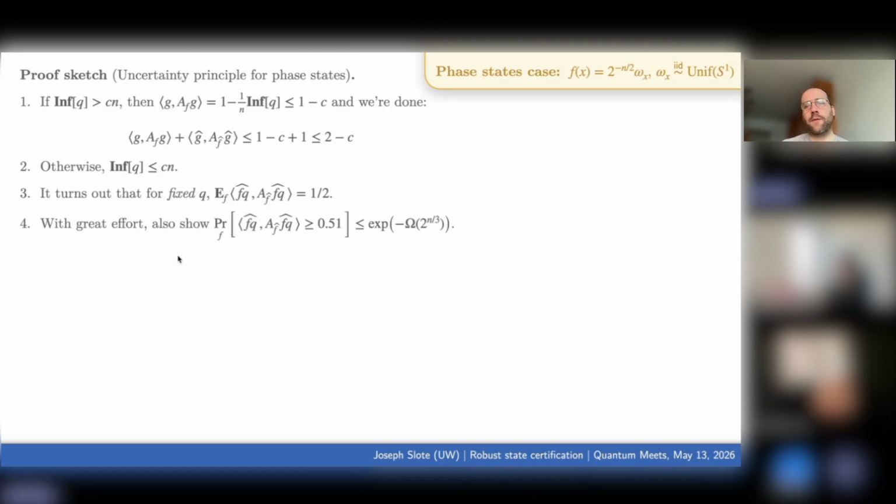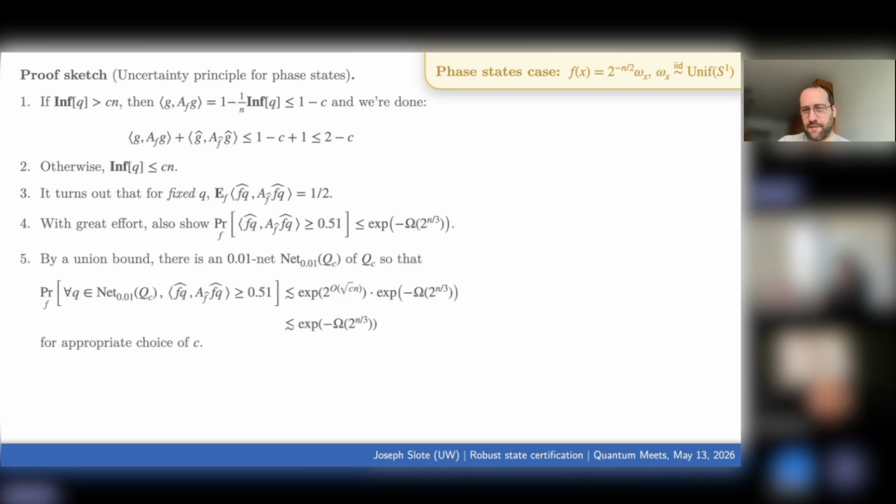Moreover, you can show with great effort that this term also concentrates. So the probability that it's larger than, for example, 0.51 is fantastically small, vanishingly small. And so by a union bound, there is a very fine net of these low influence functions, so that the probability over random F, for all Q in this net, that the quantity of interest is larger than 0.51 is small.